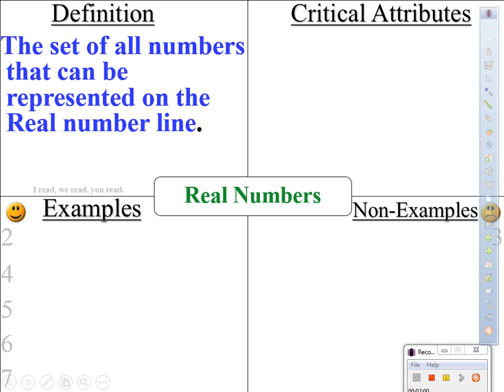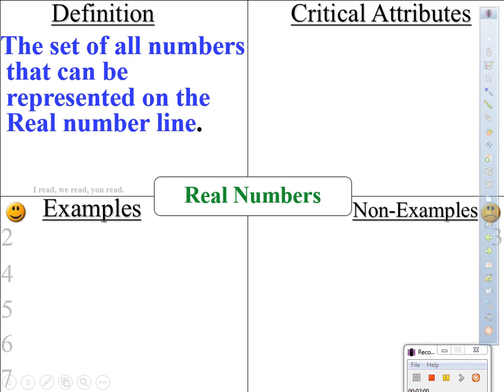So you know the definition. Boom! Just like that.